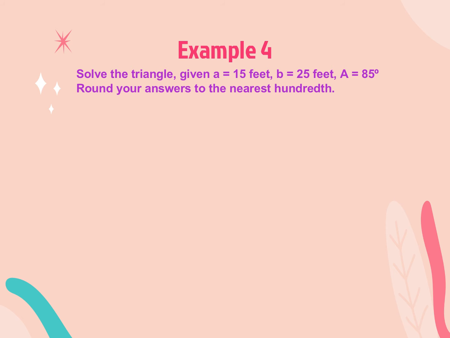All right. Example 4. Solve the triangle. Side A, 15, side B, 25, angle A, 85 degrees. I know this is side angle 1 because we're at that point in the notes, but this is all going to get mixed together.